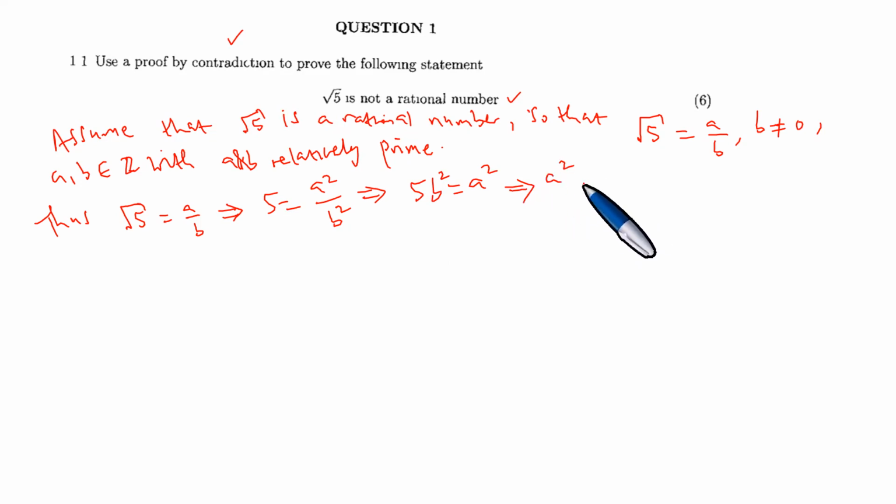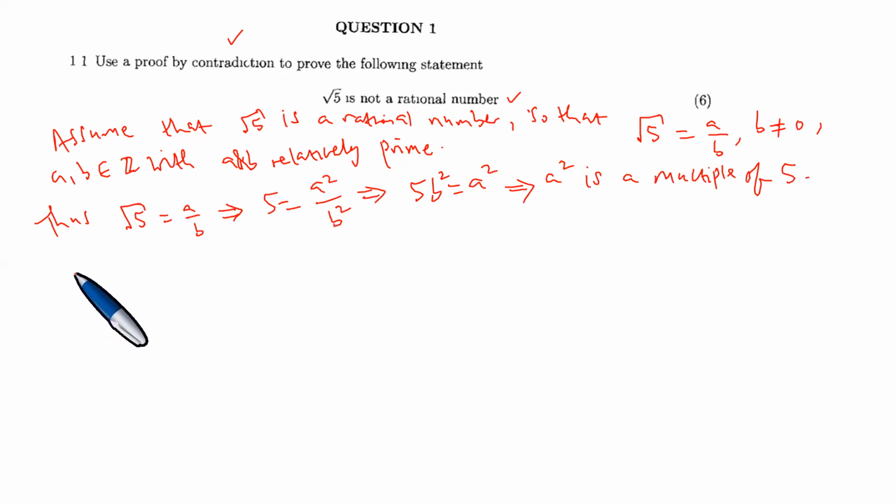This implies that a squared is a multiple of 5.